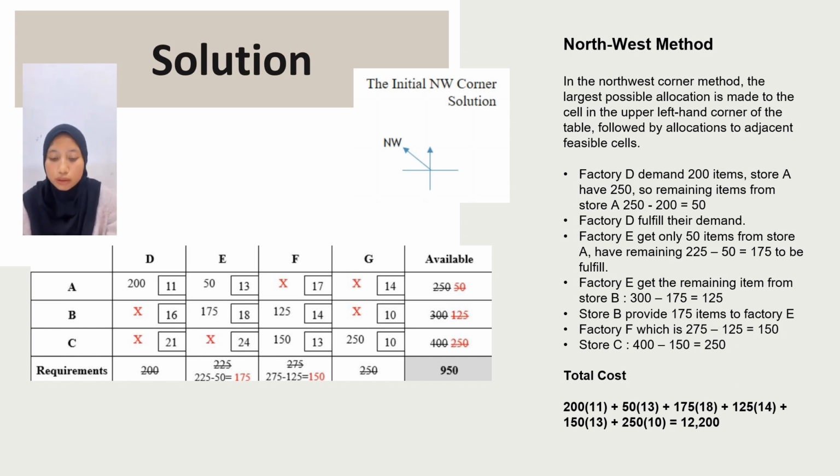So to calculate the total cost: 200 times 11 plus 50 times 13 plus 175 times 18 plus 125 times 14 plus 150 times 13 plus 250 times 10 equal to 12,200.